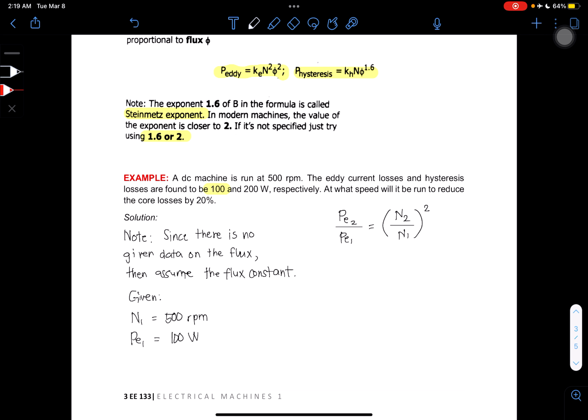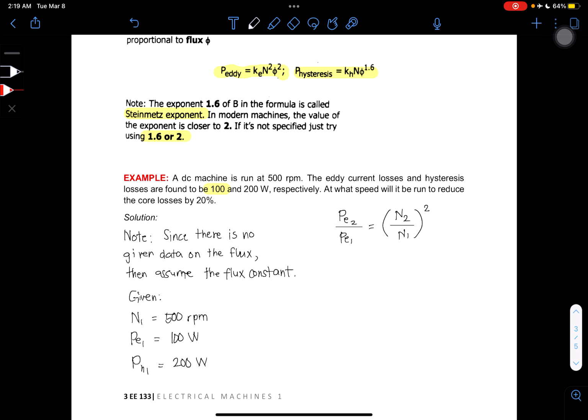And for our hysteresis, naghatag po siya, we have 200 watts.